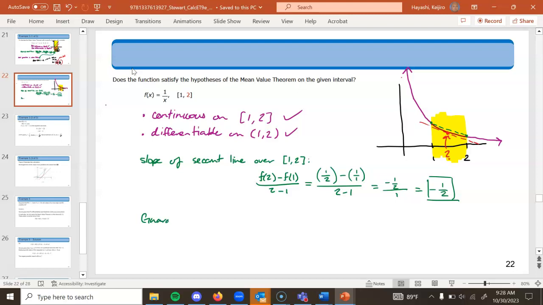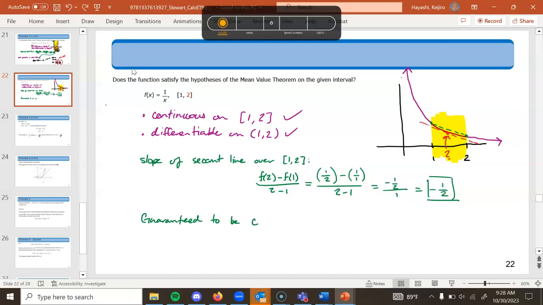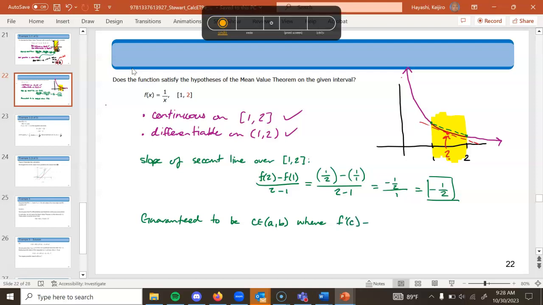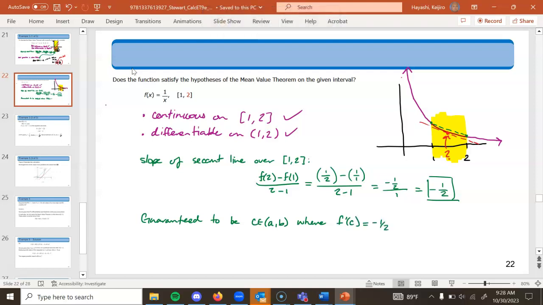So it's guaranteed to be some value c inside of the interval from a to b, where f prime of c is equal to that slope of negative 1/2.